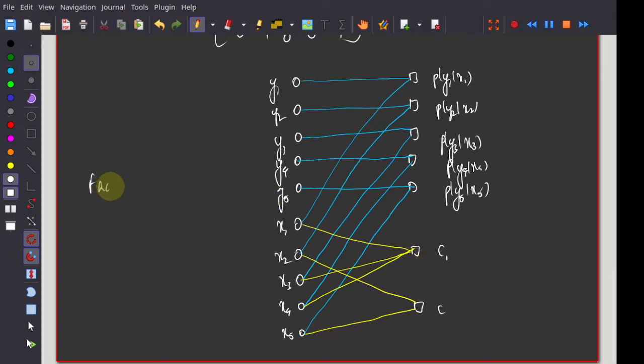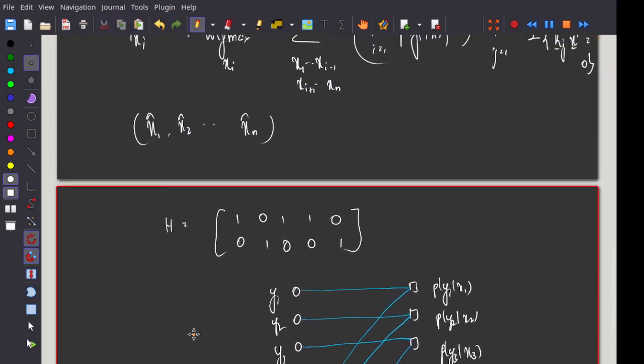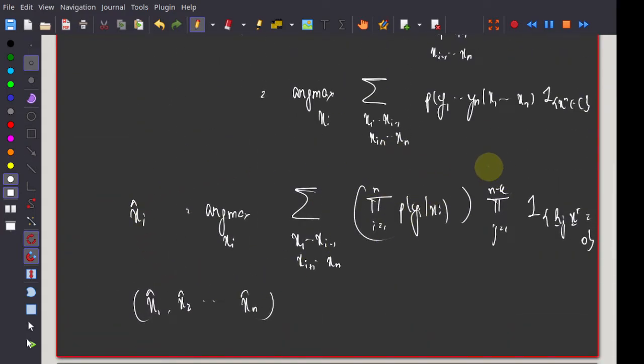So the factor graph is the same as the junction tree if the factor graph has no cycle. And in this case, we know how to perform these operations very efficiently.